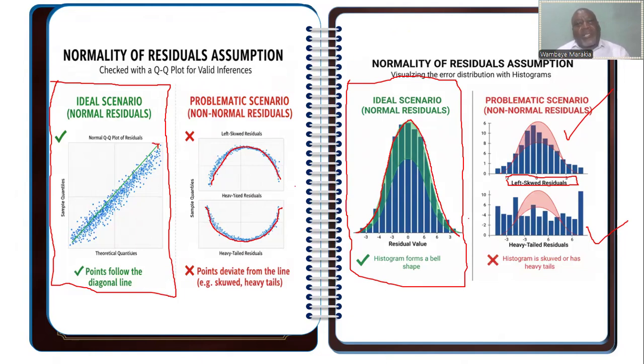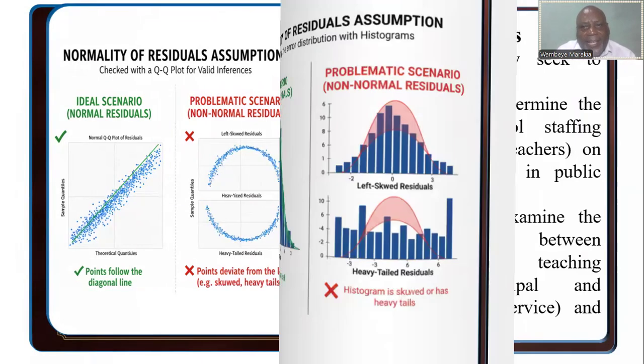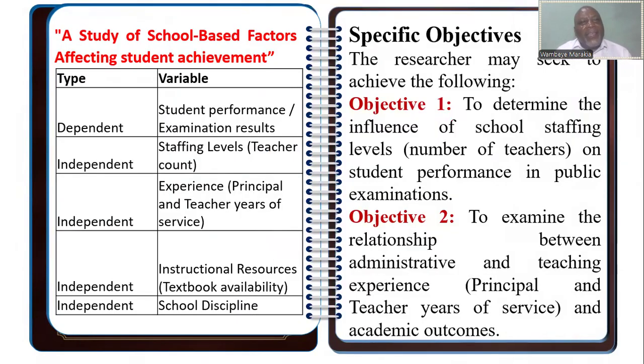Then he uses multiple linear regression to analyze, then predicts, and finally reports. So in this case, there was a researcher who had a topic: a study of school-based factors affecting student achievement.